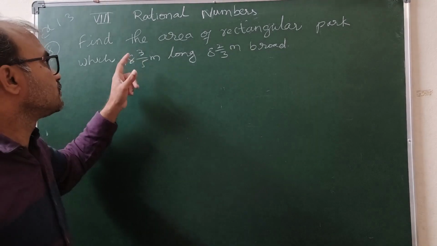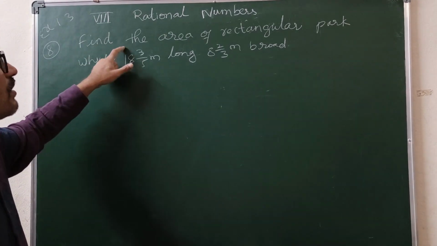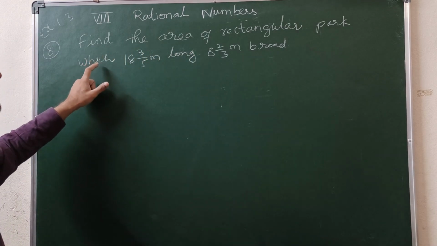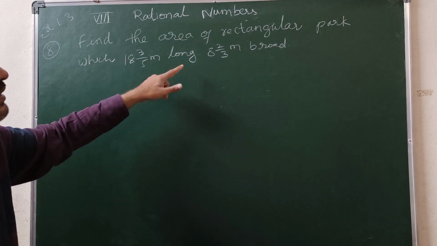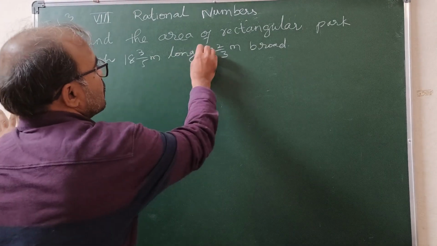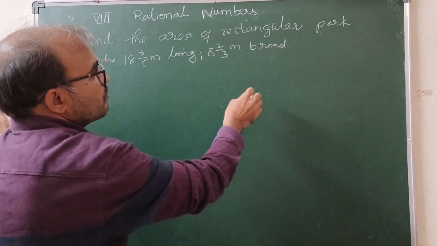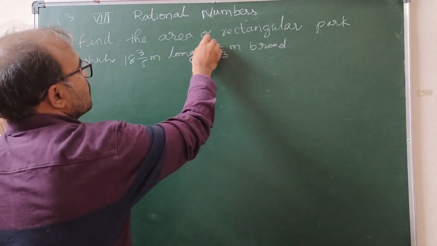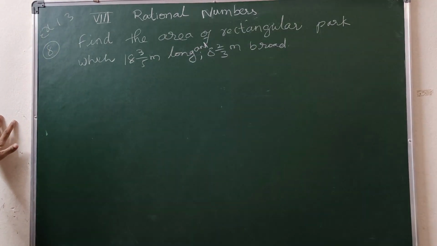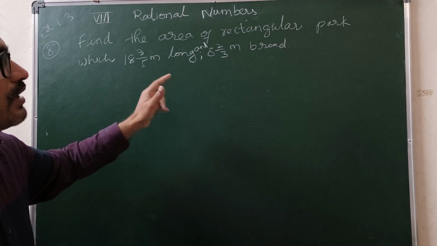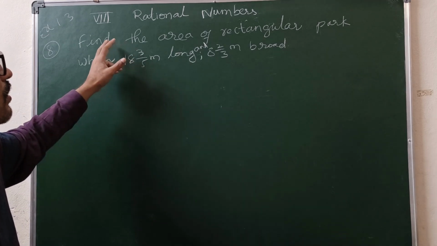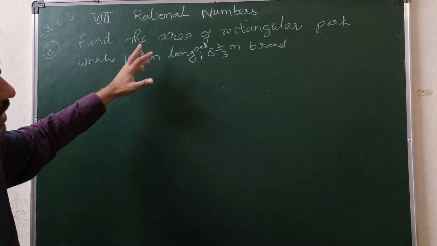The question says: find the area of the rectangular park which is 18 3/5 meters long and 8 2/3 meters broad, right? In 6th class itself you have solved many problems on areas and perimeters of rectangles.